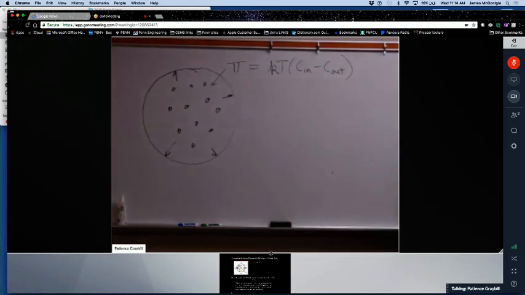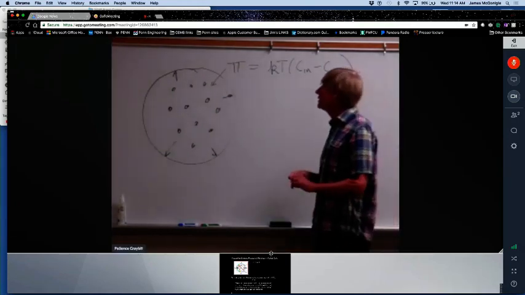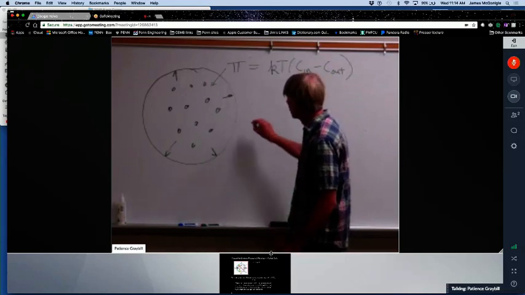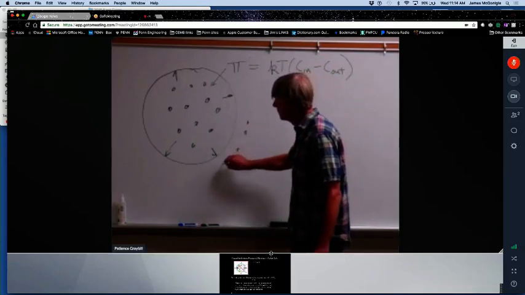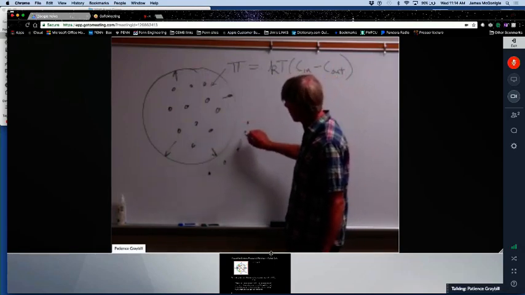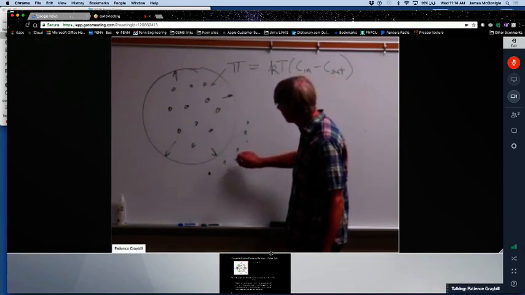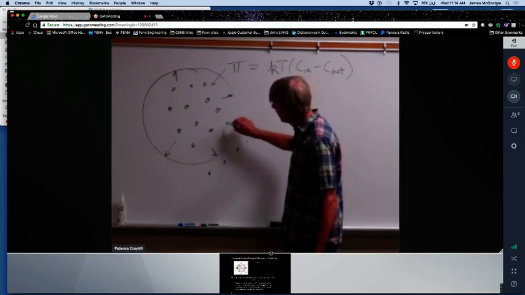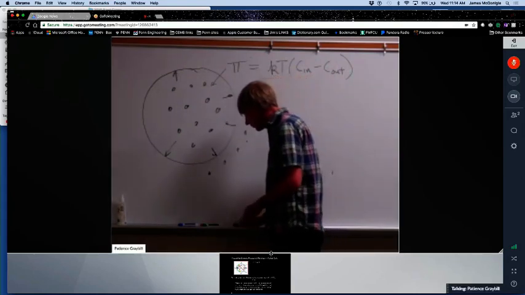Okay, so let's say that we'd like to measure this turgor pressure. Then one way to do it would be to start adding osmolytes on the outside. And at some point, when the concentration of osmolytes on the outside becomes equal to the concentration on the inside, then the cell wall will start to shrink.